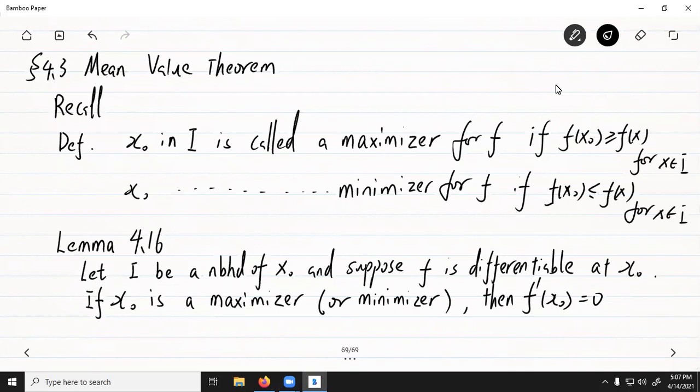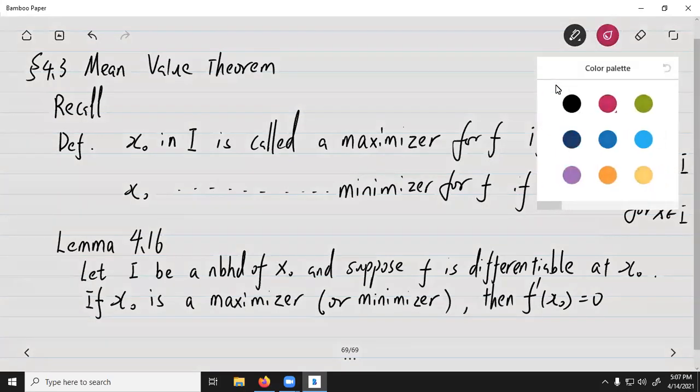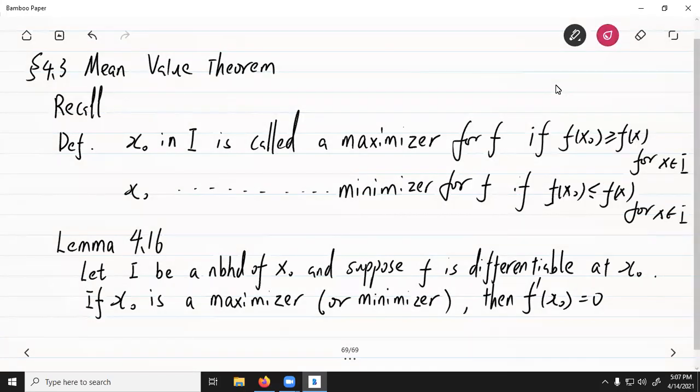If you look at the graph to understand this, it's differentiable. For example, here, this is x0, the maximizer, so the derivative is always 0. The derivative means the slope of the tangent line. And this is another x0, the minimizer. You can see the horizontal tangent line at this point, so the derivative should be 0.